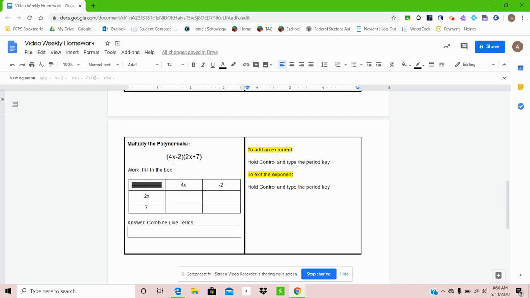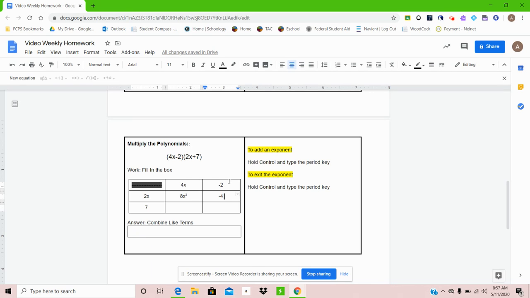Okay, so again, how did I do this? 4x went to the top box, negative 2 went to the top box, 2x went to the side, 7 went to the side, and now we're just going to simply multiply. 2 times 4 is 8, 1x and 2x's gives me x squared. 2 times negative 2 is negative 4.